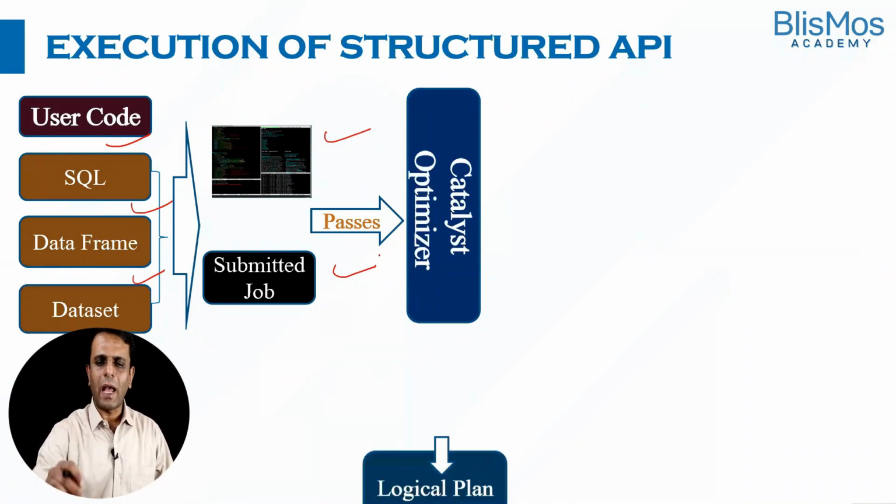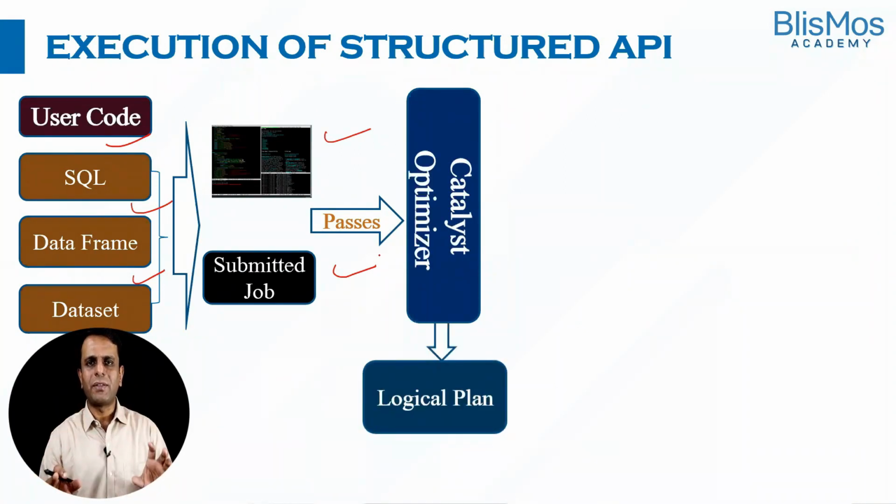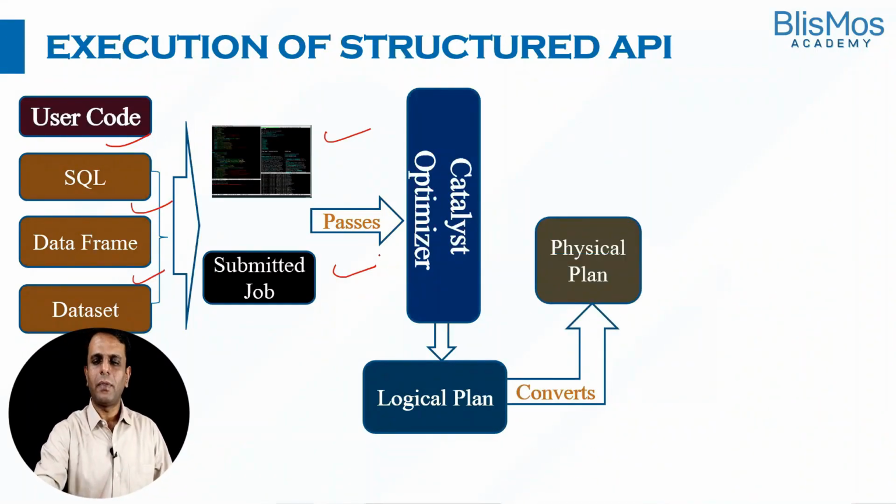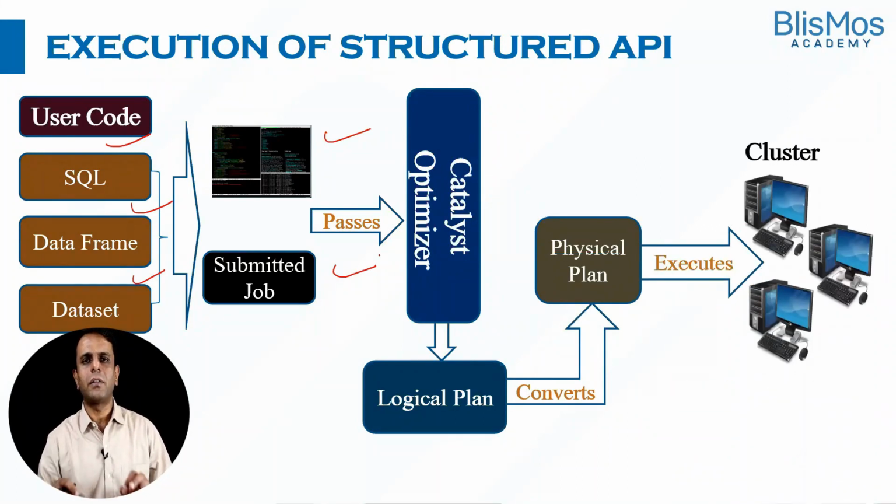After that, the Catalyst optimizer converts that into a logical plan. Once that is done, that will be converted into a physical plan. Then that physical plan is executed across the different executors in a cluster.